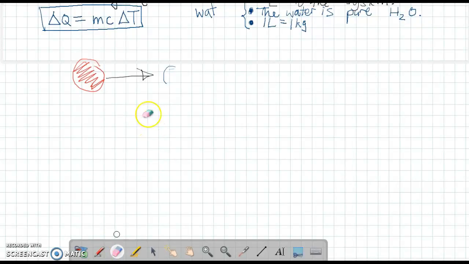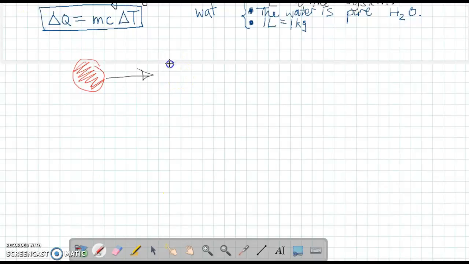Sorry, I don't know what I pressed and now it's not responding. Okay, fixed it. Cold water. Energy is transferred from hot to cold water.